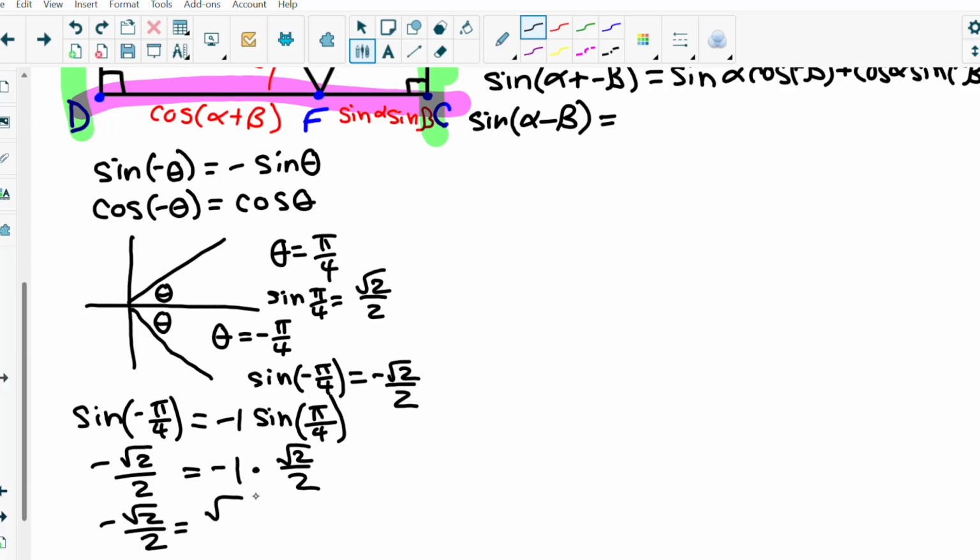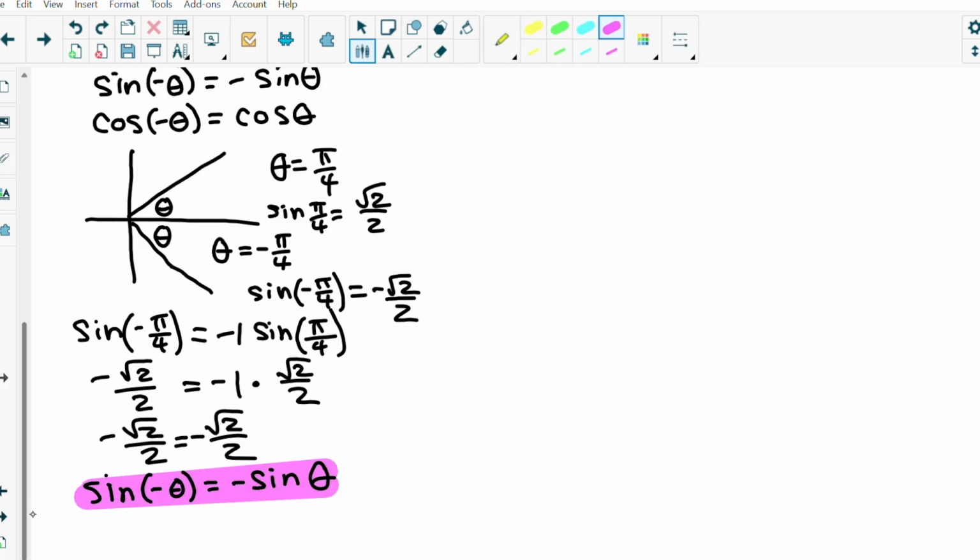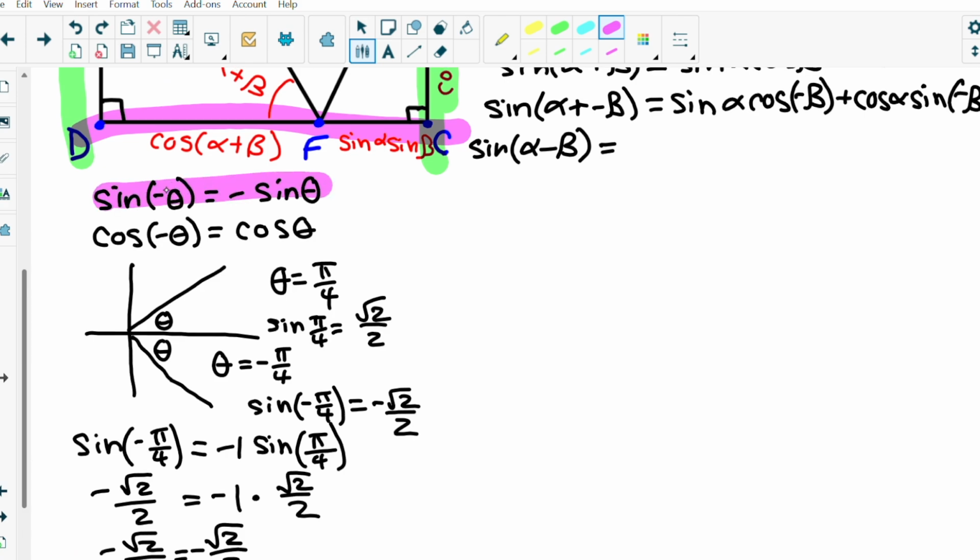So negative square root of 2 over 2 equals negative square root of 2 over 2. Therefore, we can conclude that sine of negative theta equals negative sine of positive theta. Okay, so that's a very important identity right there. That's the first one.